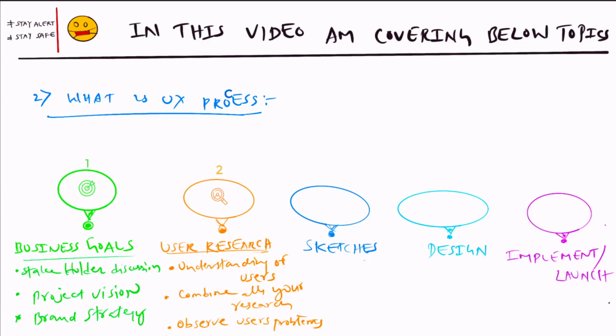Through sketches, we can come up with many ideas to solve the user's problems, like creating crazy ideas with sitemaps, information architecture, and wireframes.